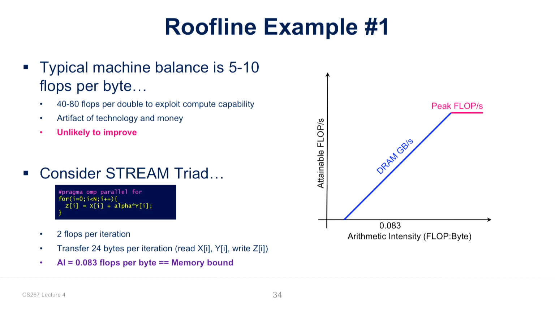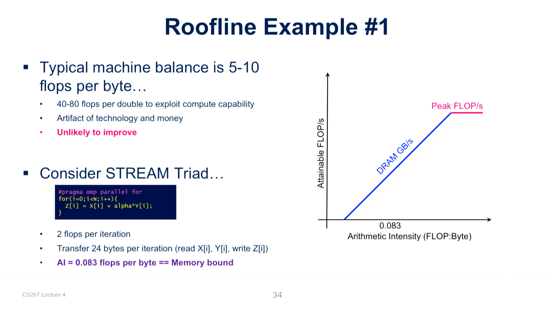So let's look at a specific example. A typical machine might have a balance of about 5 to 10 floating point operations per byte. Now that's actually quite a bit of work, quite a bit of flops that you have to do, because of course you don't do a floating point operation on a single byte, you do it on a double precision word, which would be 8 bytes.